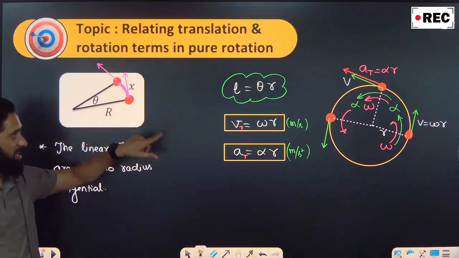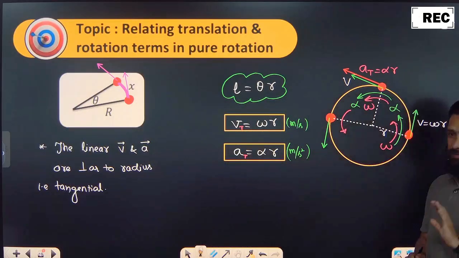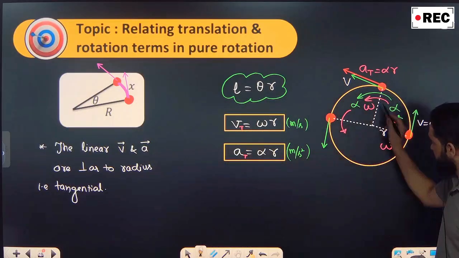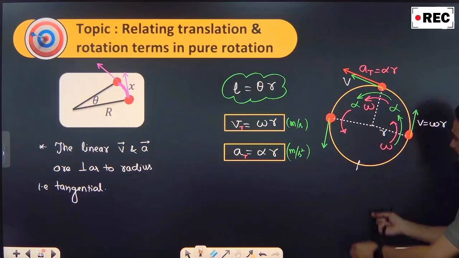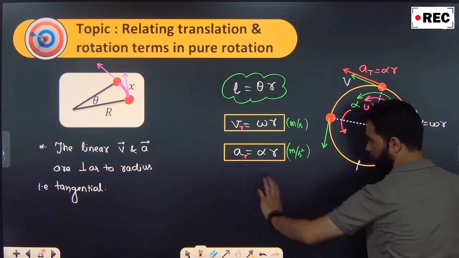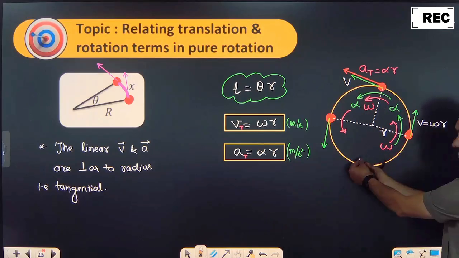So the translation takes place in this way. Is that clear? Let me give you an idea why this is translation. Imagine something is moving on a circle like this. I cut this circle and I make this circle a complete straight road. Imagine I cut this circle, and now I am unwinding it.